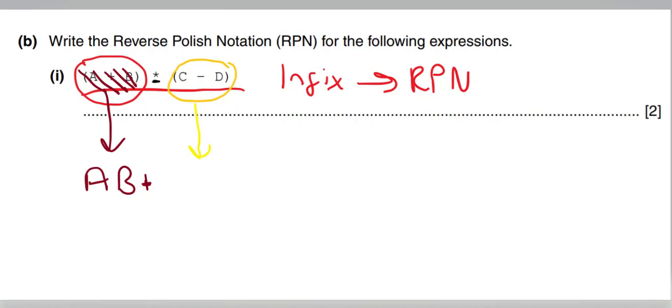Pause the video. Okay, so what you should have got was C, D, minus. So we've done this. That just leaves us with this multiplication. So we just add that to the end. Ta-da! We've just done the reverse Polish notation for this expression. Nice and simple, 2 out of 2.